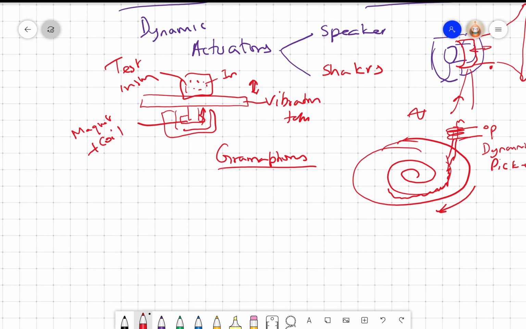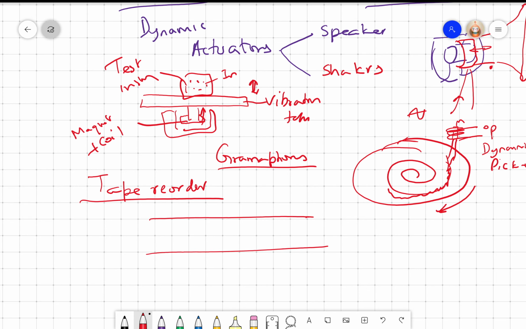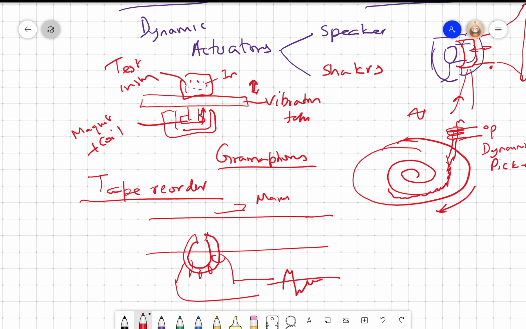The other application is the tape recorder. You have a soft ferromagnetic tape, and you put the speech signal or music signal inside, and you move the tape.